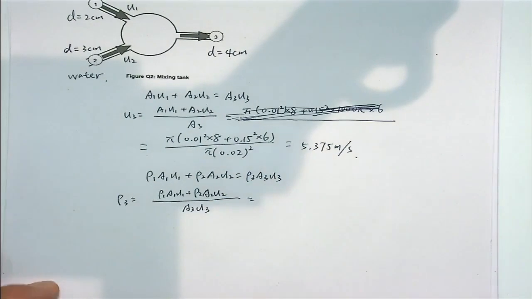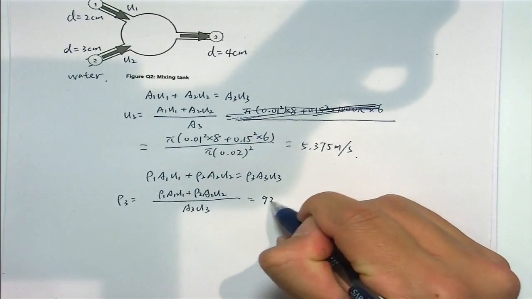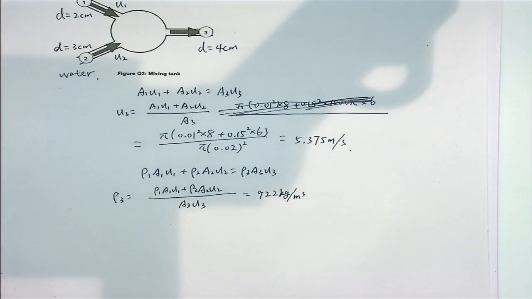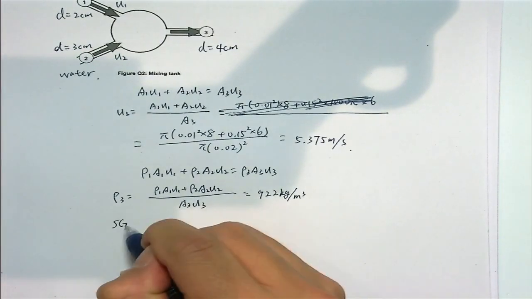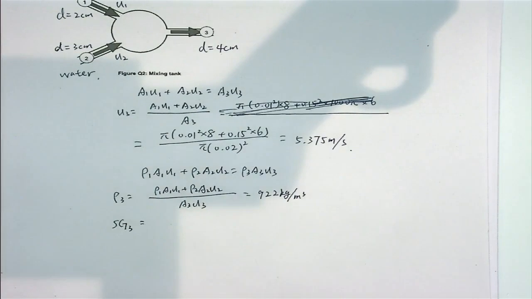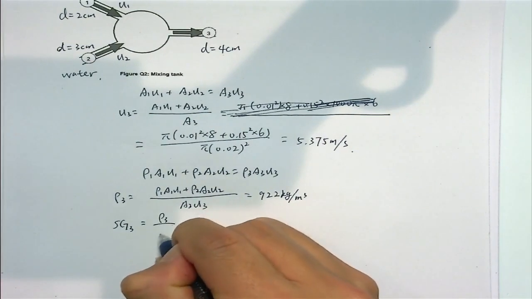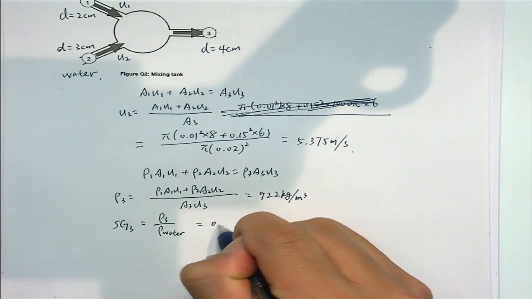Then just substitute all the values we know. So we got 922 kilograms per cubic meter for the density. And then the specific gravity for the mixture liquid, which is rho 3 over rho water, is 0.922.